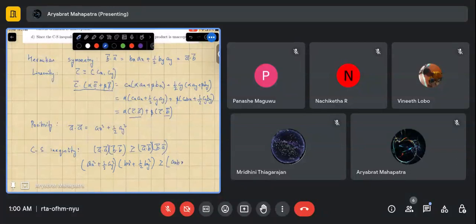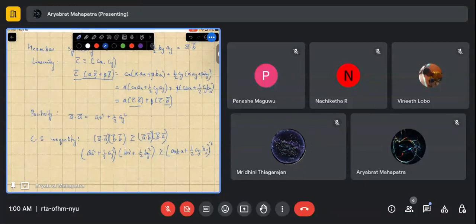Now here you can see Ax square By square plus Ay square Bx square minus 2 Ax Bx Ay By is greater than or equal to 0. That is the condition given in your statement 2.